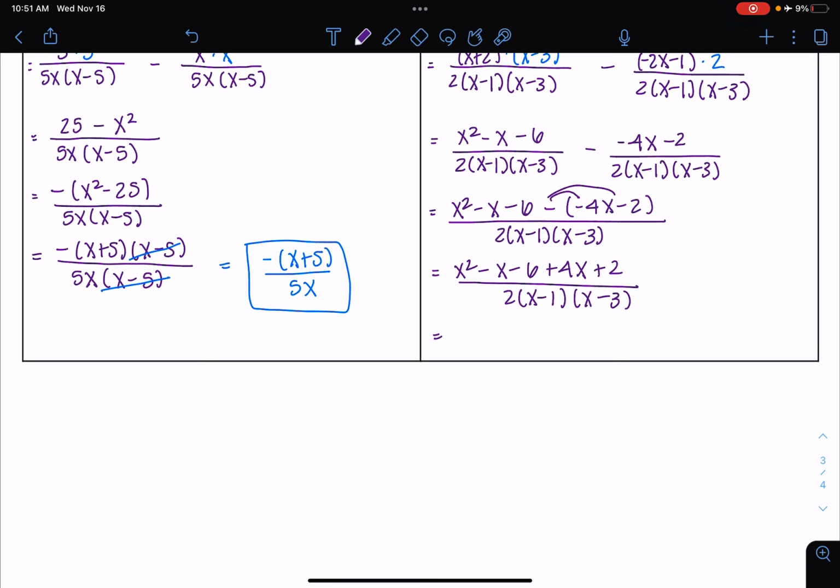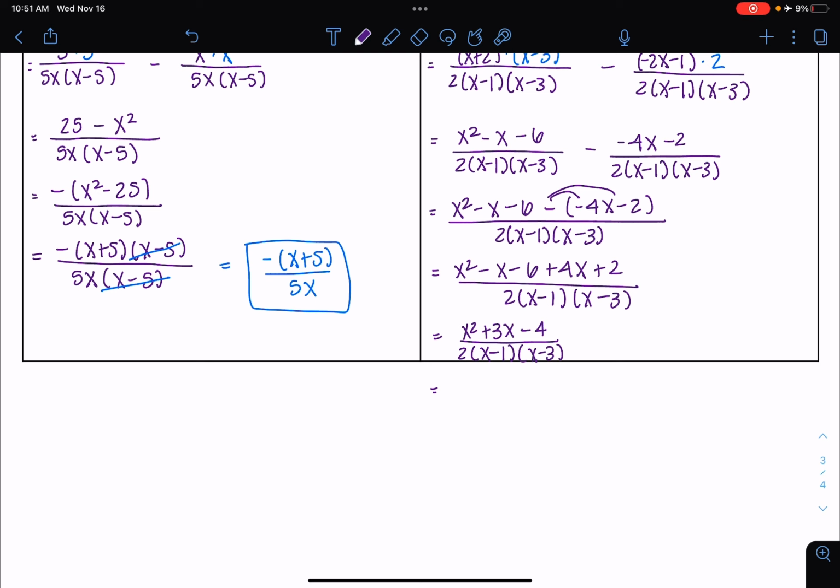And now simplifying that top, I have x squared, negative x plus 4x, I get 3x. And then negative 6 plus 2, I get minus 4 over 2 times x minus 1, x minus 3. Now I need to see if I can factor the top. So I'm looking for two numbers that multiply to negative 4 and add to 3.